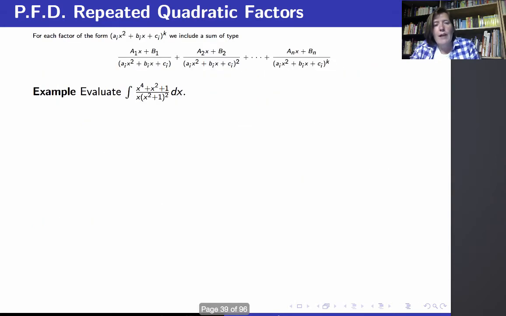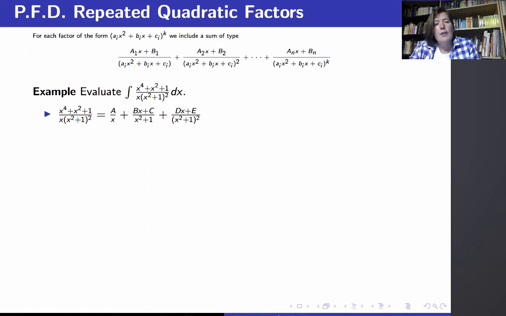Let's try to evaluate the integral of x to the 4 plus x squared plus 1 over x times x squared plus 1 squared. And we see here we have one linear factor, which we treat as before, and we have one repeated irreducible quadratic factor, namely x squared plus 1 to the power of 2. For the linear factor x, we include a term in our partial fractions decomposition of the form a over x.